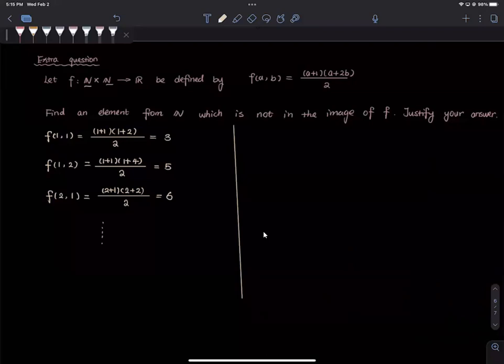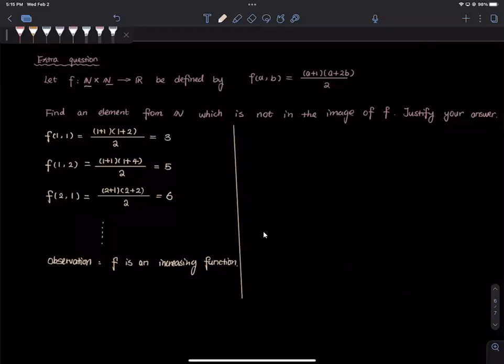If you do this, one of the observations is that this is actually going up, it's increasing. So observation: f is an increasing function. What does that mean?